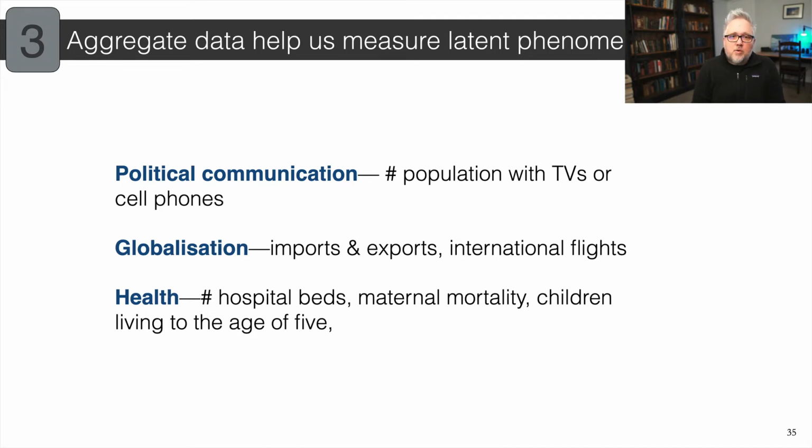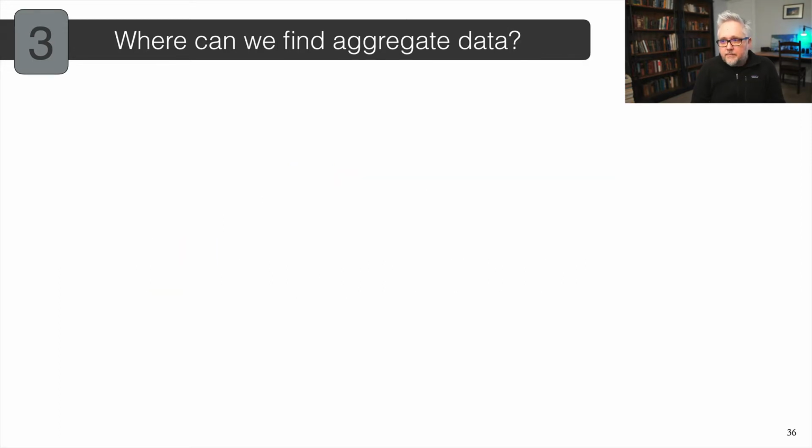The march towards globalization in the last couple of years because of the pandemic has taken a beating. Health as well. How much can we think about latent, unobservable general factors like democracy, development, health, these kinds of things? What specific, concrete part of that can we analyze, both theoretically as well as empirically?